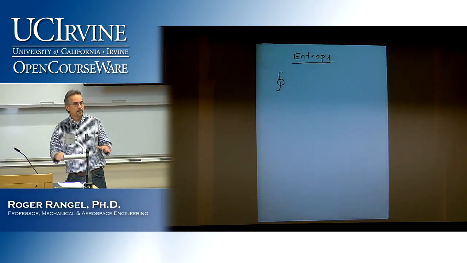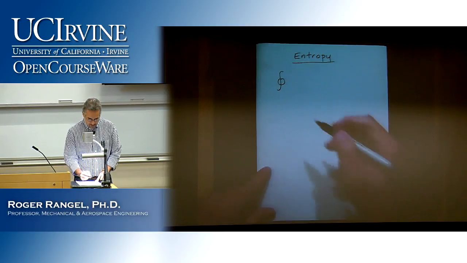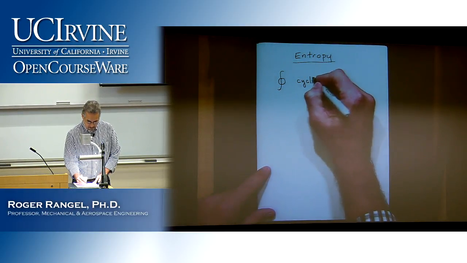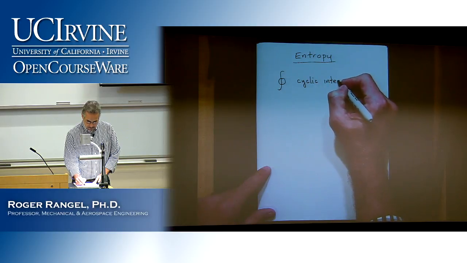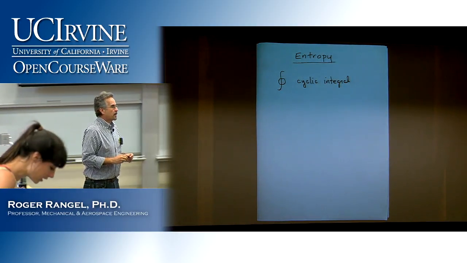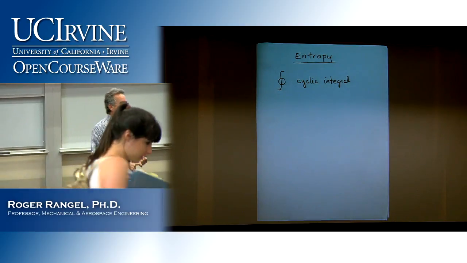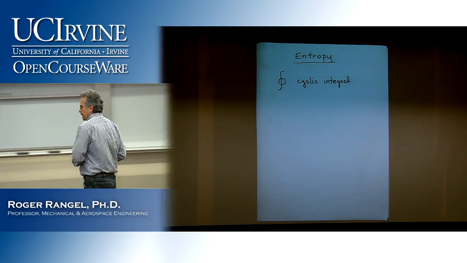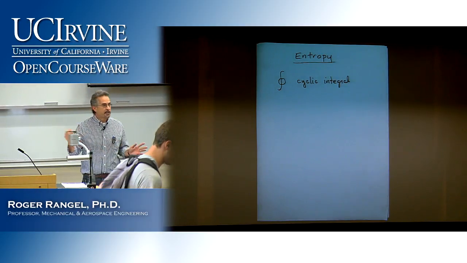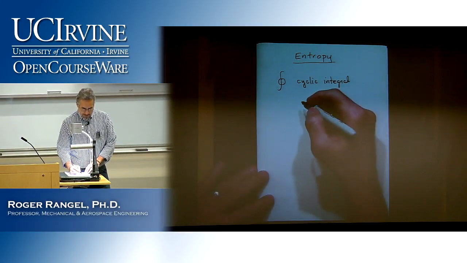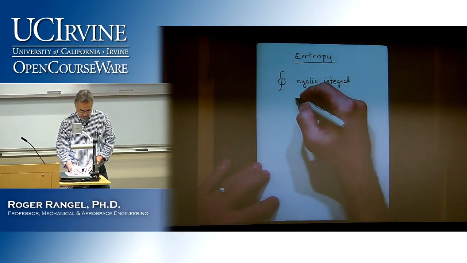For us, in thermodynamics, what this really means is that we're doing an integration pretty much like we do when we're calculating work or heat transfer. And we're doing that integration for the entire cycle. So we're going all around the path that the system describes as it goes through the different processes.